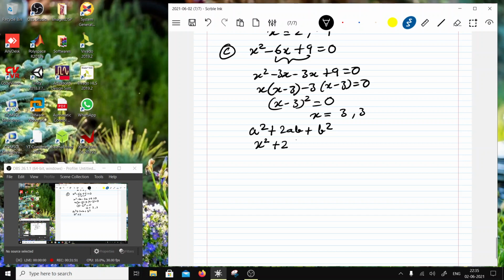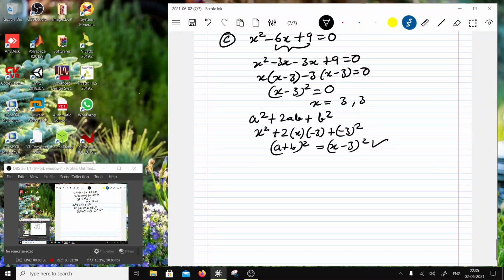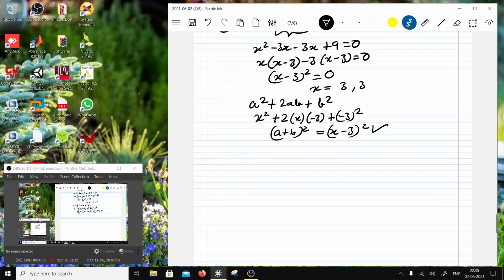So 2 times x times minus 3, plus minus 3 square, which is going to be 9. Then it is going to be (a plus b) whole square. So this will be equal to (x minus 3) whole square. So that's the answer. This is completing the squares.